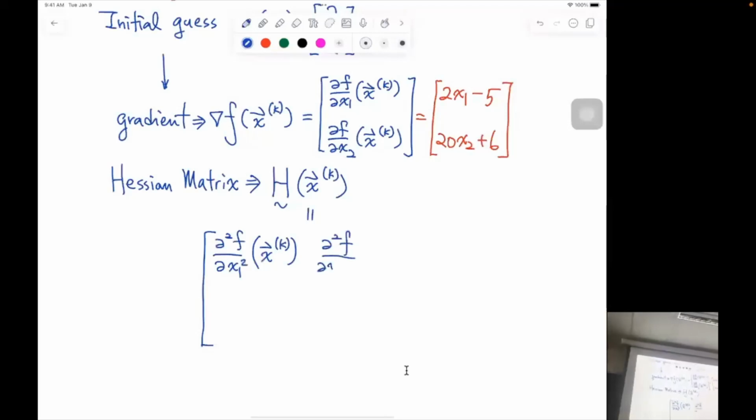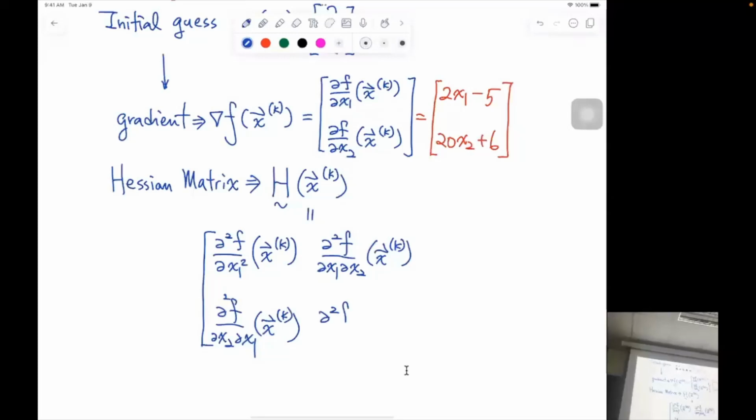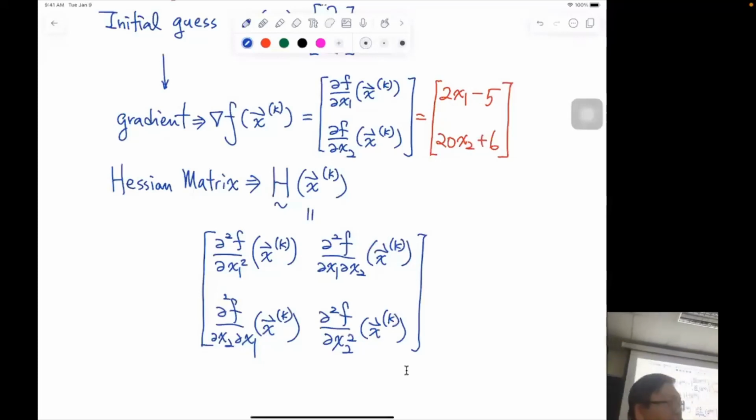It's just looking scary. Okay, it's the container that includes all the possible second order derivatives.